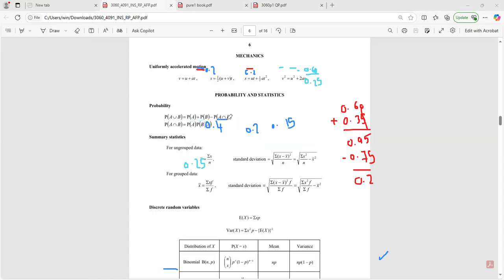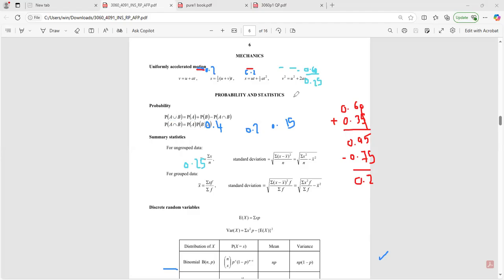So if you need to know the intersection, we have to get the union minus A plus B, which was 0.95, I think. Yes, we already calculated it.